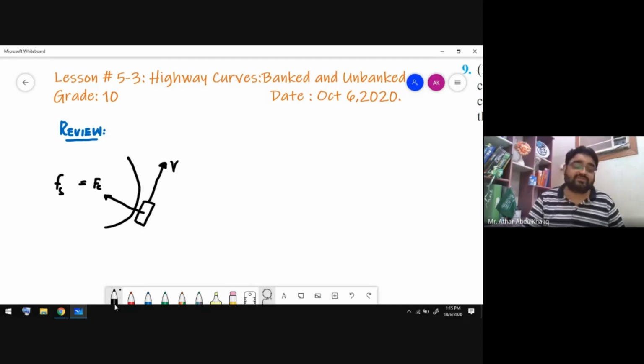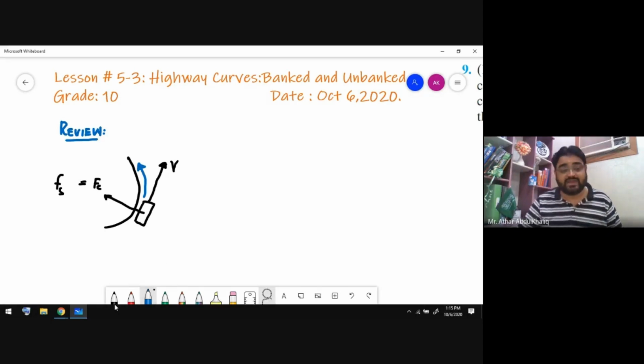If this friction between the tire and road is present, the car, rather than moving straight, or rather than moving towards the center, will continue its circular path in this direction.